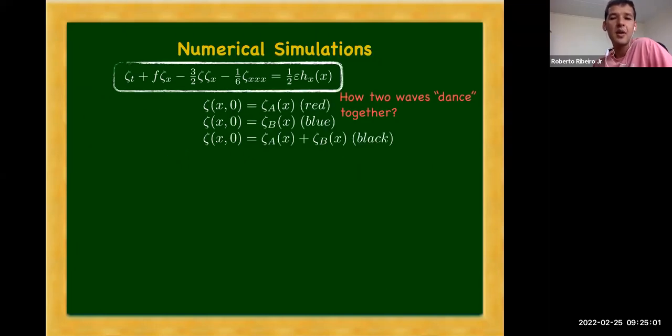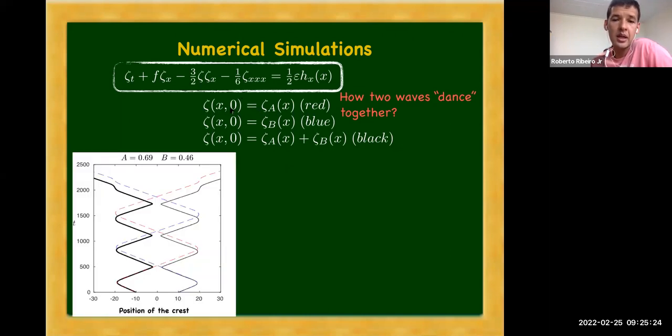Basically, we want to understand how two waves dance together between the bumps. To do that, we solve the FKdV equation for three different initial data. First, we consider as initial data just the wave zeta A. Then just the wave zeta B. Then the sum of the two waves.